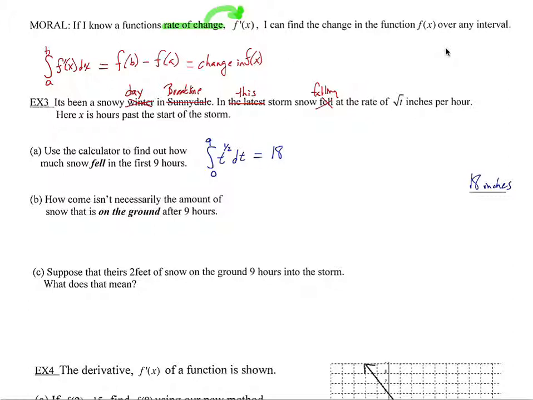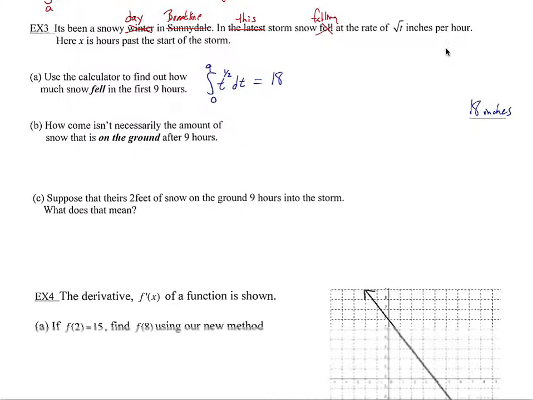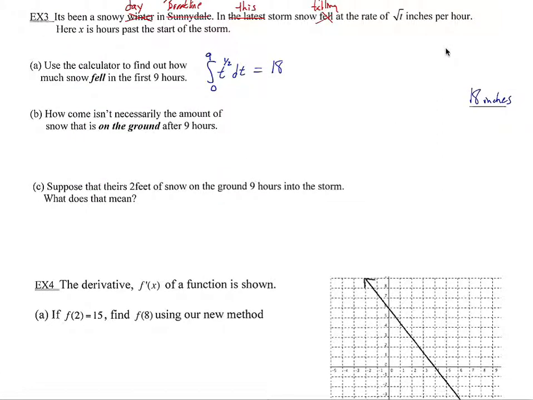All right, so now here's the question that gets us back to the context that we're looking at this. So we know in the first 9 hours of the storm, 18 inches of snow fell. So then the question is, how come this is not necessarily the amount of snow that is on the ground after 9 hours?